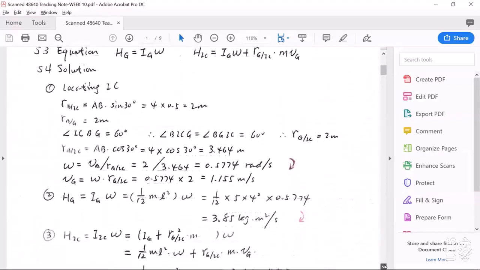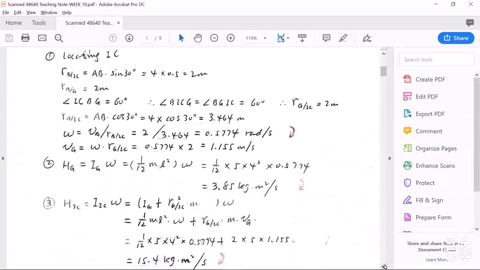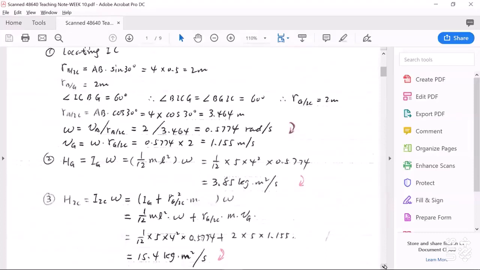Okay, now we can calculate Hg and HIC. Firstly, Hg. We need Ig because this is a slant bar, so we can use the established equation about point G. MMI of this bar is equal to 1 over 12 ml squared.